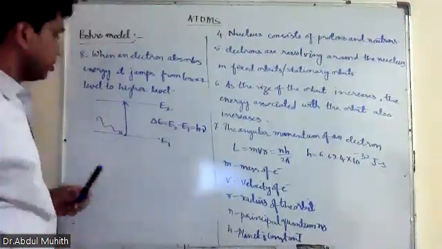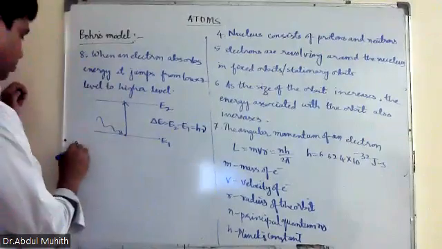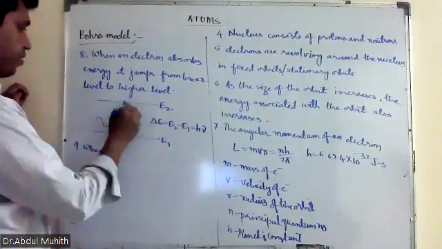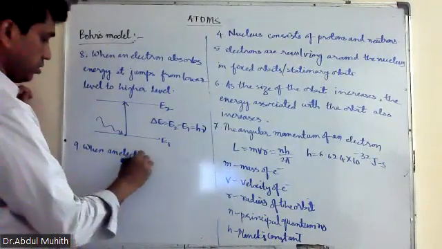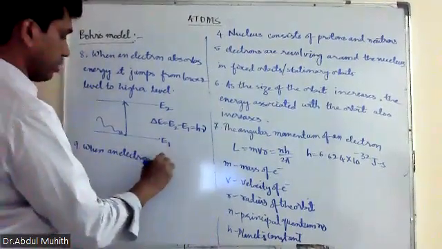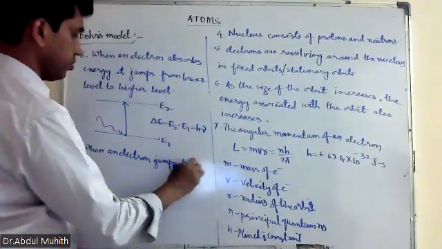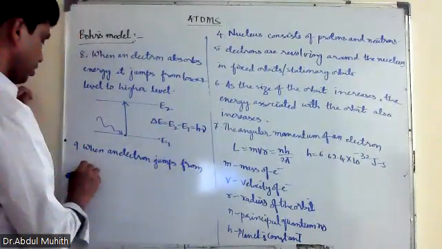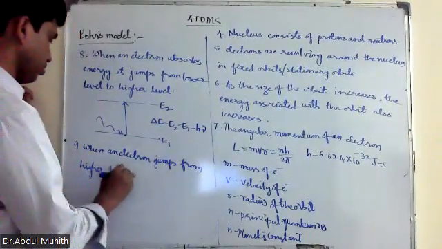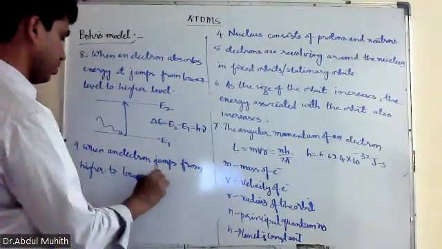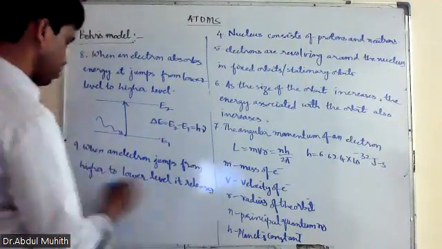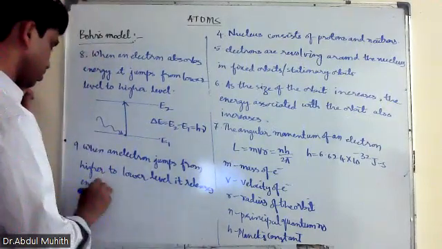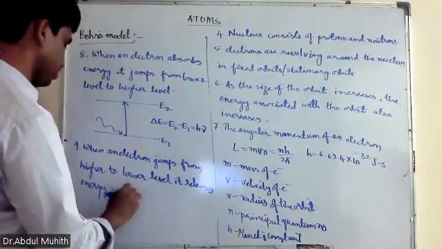Suppose an electron is jumping. It will be there only for a fraction of time. When an electron jumps from a higher level to a lower level, it releases energy in the form of light.